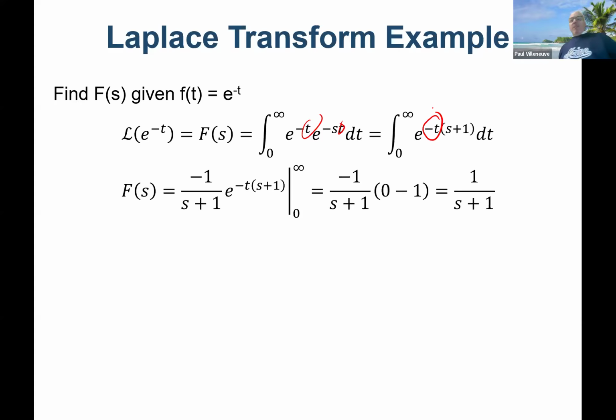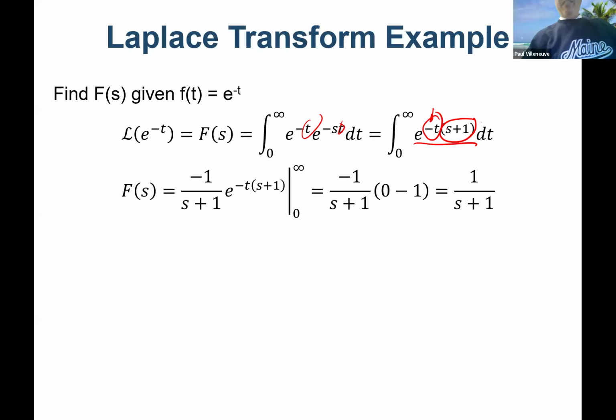So hopefully you remember from calculus, to integrate this, this whole term that multiplies the t goes in the denominator and multiplies the original function. So I have my s plus 1 in the denominator. That becomes e to the minus t times s plus 1.